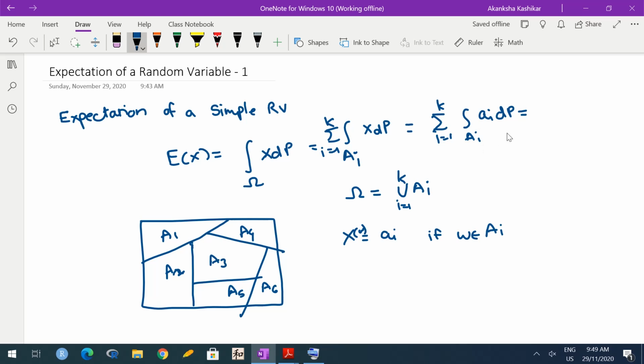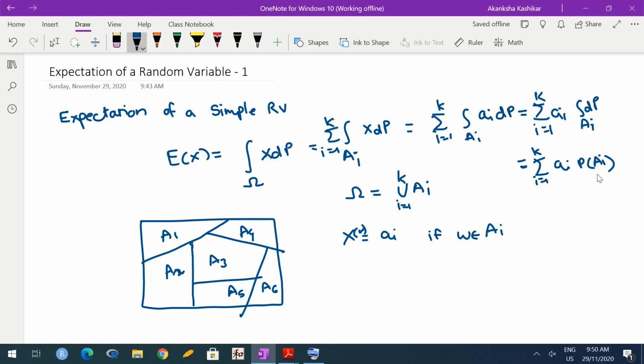Now since small a_i is constant, I can take it outside the integral sign. So this becomes the sum over i going from 1 to k of a_i times the integral of dP over A_i, and the integral of the probability measure over a certain set is nothing but the probability measure of that set. So this is the sum over i going from 1 to k of a_i times the probability of capital A_i.